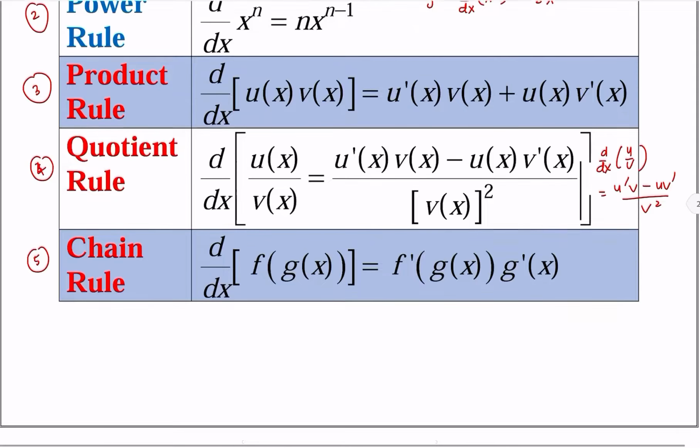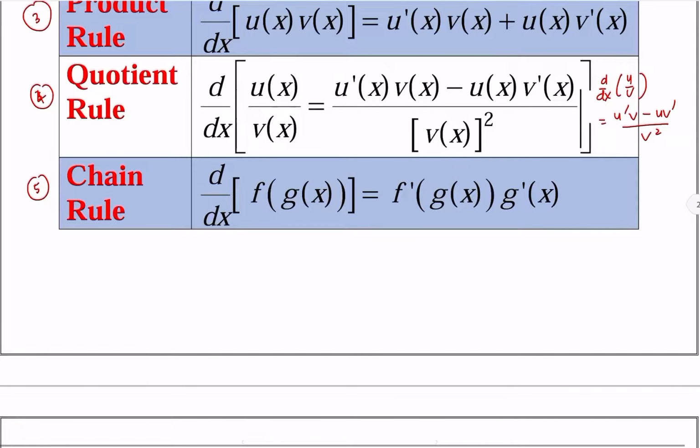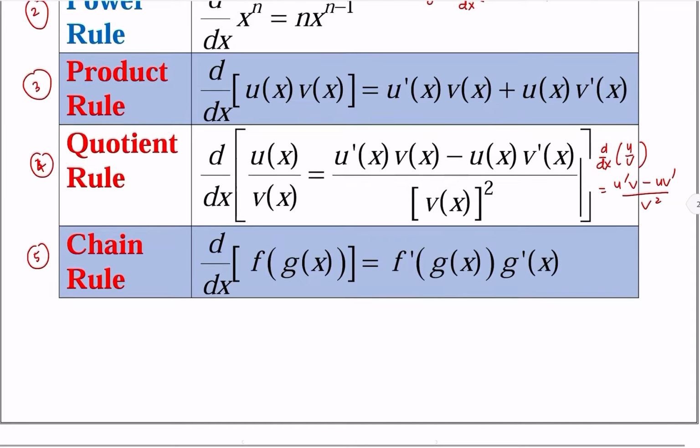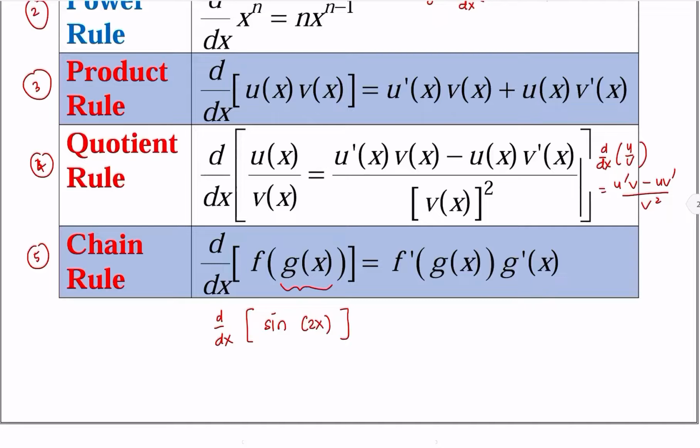It's better for us to see an example. Let's say d dx of sine 2x. Inside here, 2x is the g of x, and f is the sine.